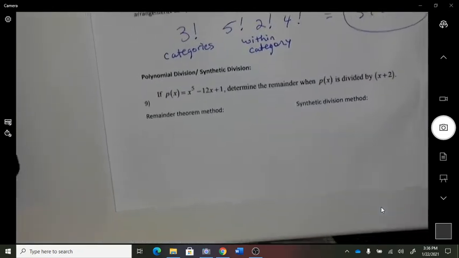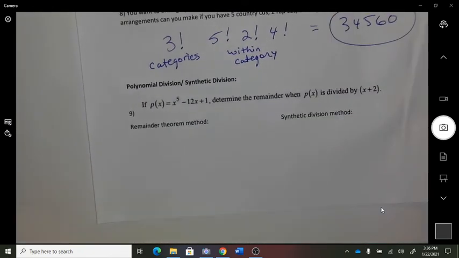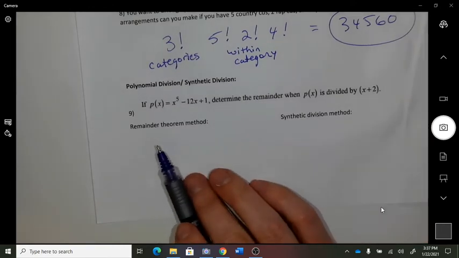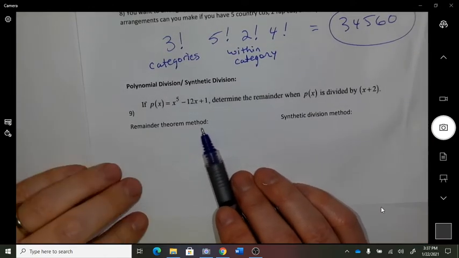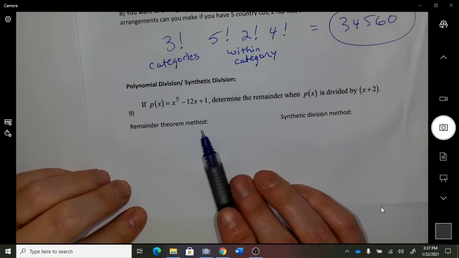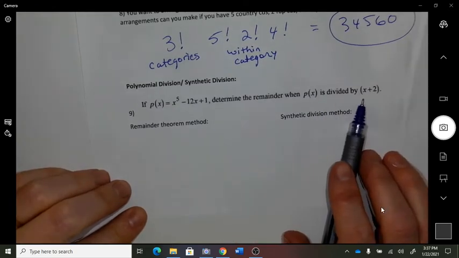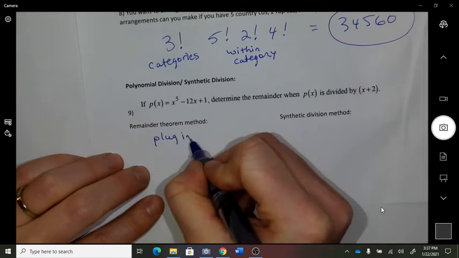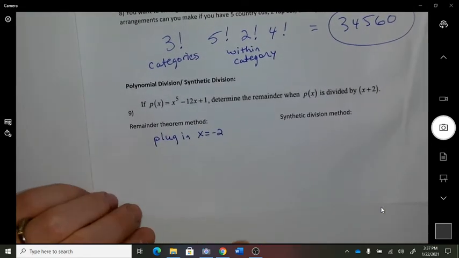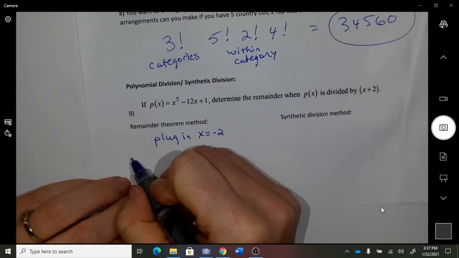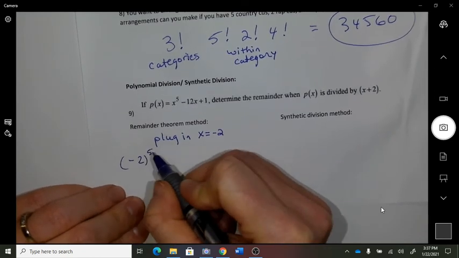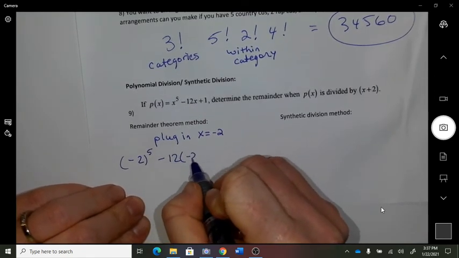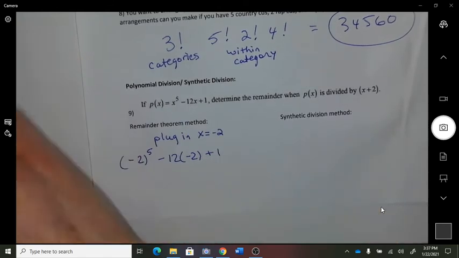Okay, polynomial stuff. Determine the remainder when you divide. Okay, so the remainder theorem says I'm going to plug in the value. Since this is the factor, I'm going to plug in -2. So -2 to the 5th minus 12 times -2 plus 1.